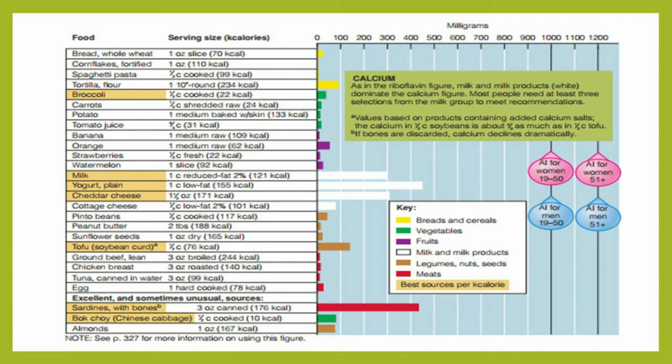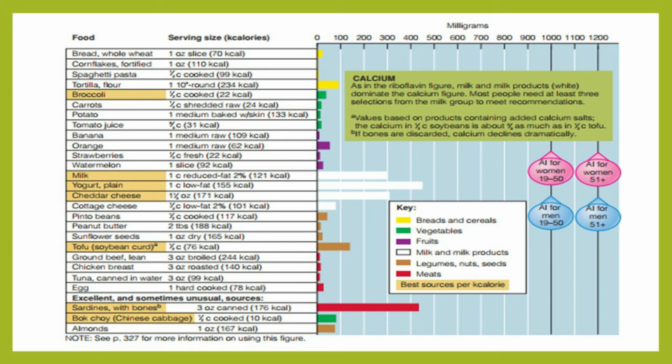For children and teenagers, the recommended daily allowances for calcium are the same for both genders. For children aged 9 to 18 years, the RDA for calcium is 1300 mg. For children aged 4 to 8 years, the recommendation is 1000 mg per day.